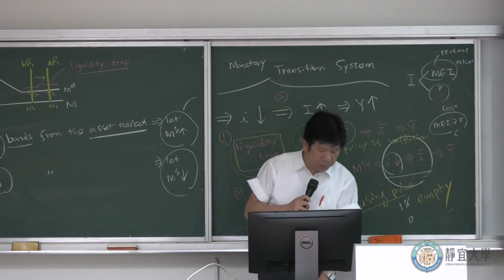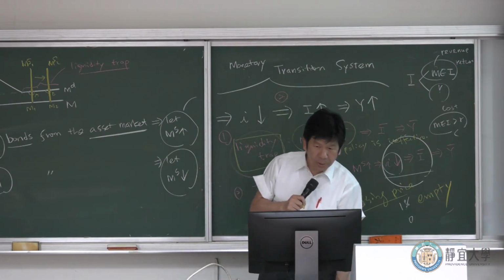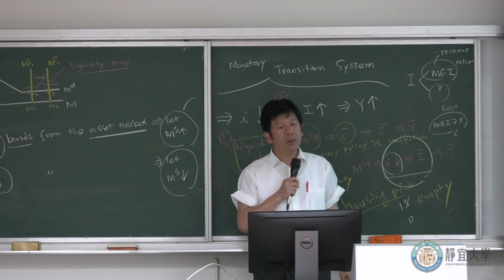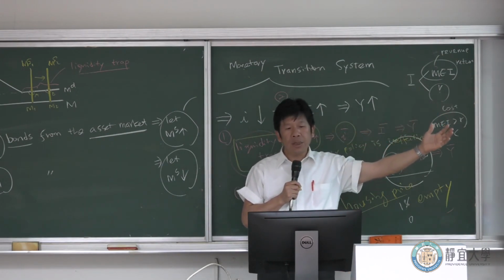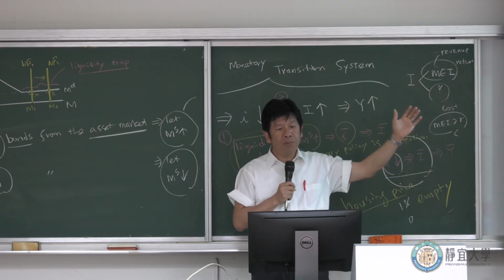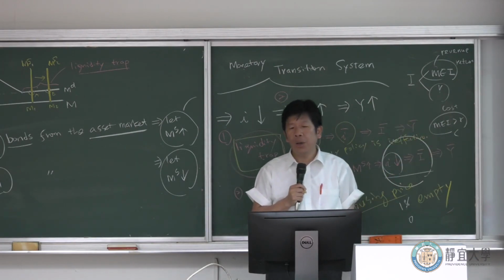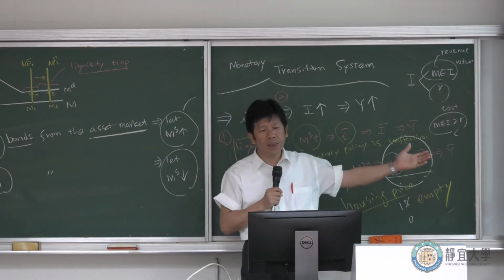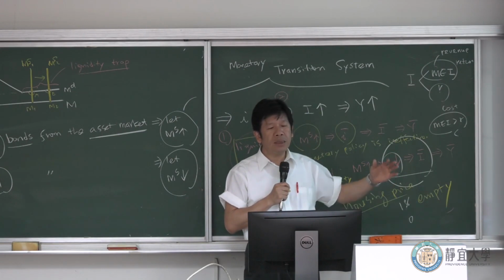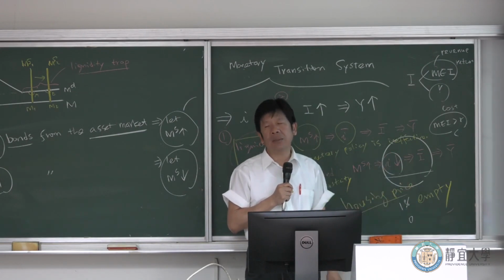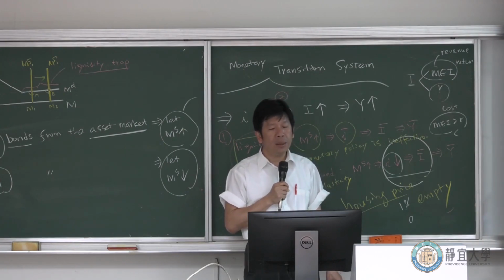Okay, so the story, we just try to continue. This is another one, this is for the classical case. The classical case is the opposite of the horizontal LM curve. It implies that monetary policy cannot affect the level of income.